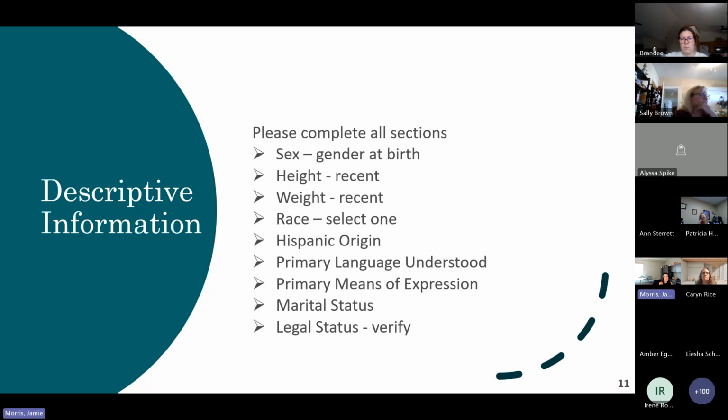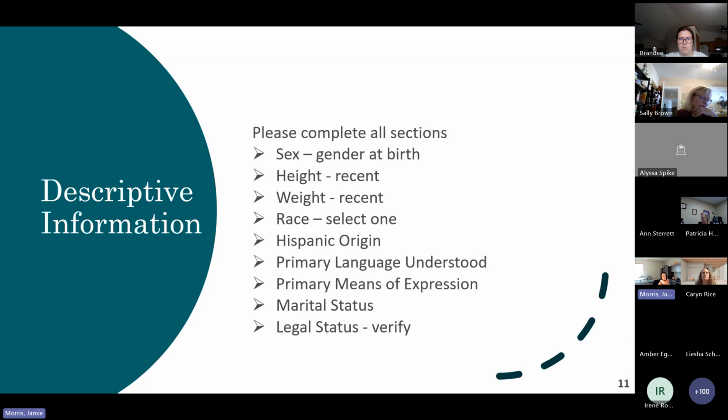Now, this is the language understood, so this would be whatever that individual most likely uses as a spoken or written language that they're best able to understand. We know that some of the individuals we work with are in contact with more than one language, so we're going to choose the one that they are most likely to understand or speak in.